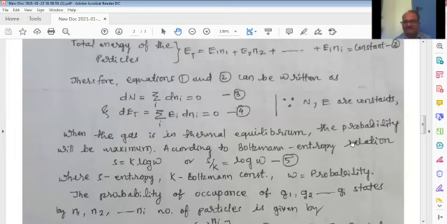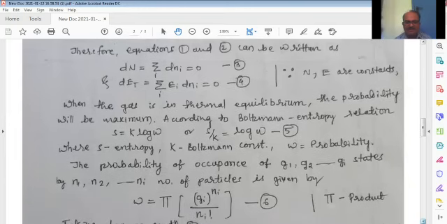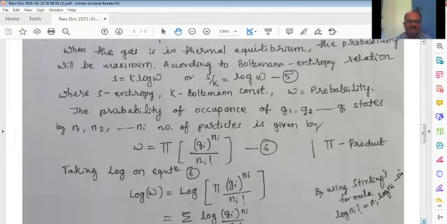When the gas is in thermal equilibrium, the probability will be maximum. And according to the Boltzmann entropy relation, S is equal to K log omega, or S by K is equal to log omega. Here, S is the entropy, K is the Boltzmann constant, and omega is the probability.